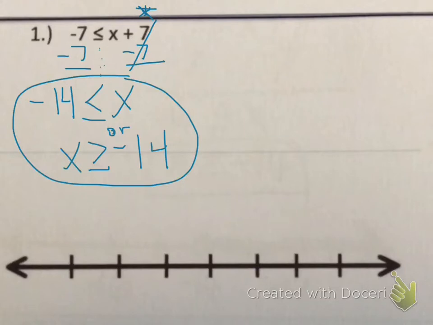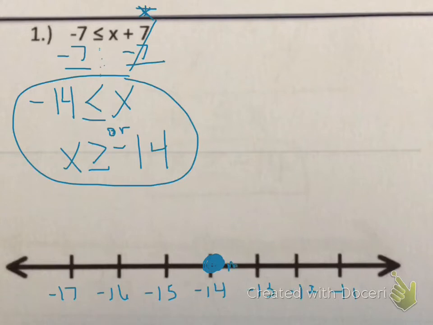That's okay too. Now we have our number line at the bottom, and you're going to number it. The -14 should go in the middle, then -13, -12, -11 this way, and -15, -16, and -17 this way. Since x is greater than or equal to -14, it includes -14, so that would be a closed circle on -14.